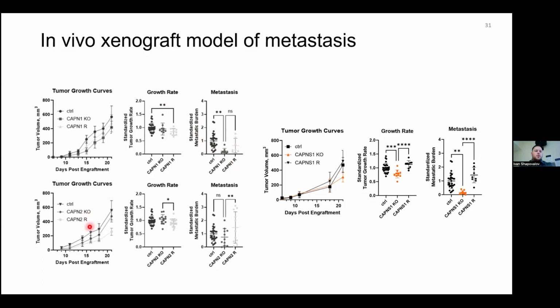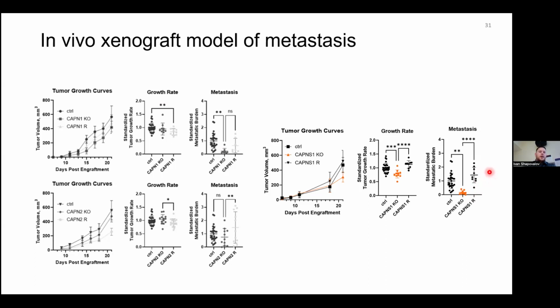Similarly, in Calpain-2 knockout and rescue, we see some statistical differences in tumor growth rate and metastasis, but it's not a clean knockout rescue effect. However, when we knock out Calpain-S1, so again, that's disrupting activity of both Calpain-1 and Calpain-2, we see some difference in tumor growth and a very large difference in metastasis, which is pretty much abolished in the knockout and brought back by reintroduction of Calpain-S1.